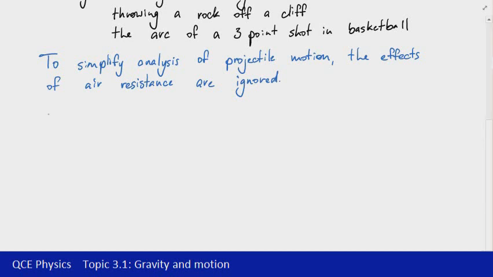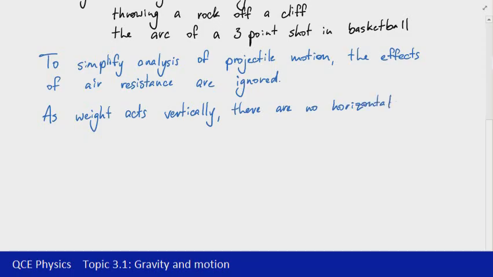Another thing that's really important to note here as well is the fact that weight acts vertically. That then means that there's going to be no horizontal forces. So as the object is moving through the air, with no horizontal forces acting on it, the horizontal motion is effectively separate to the vertical motion.